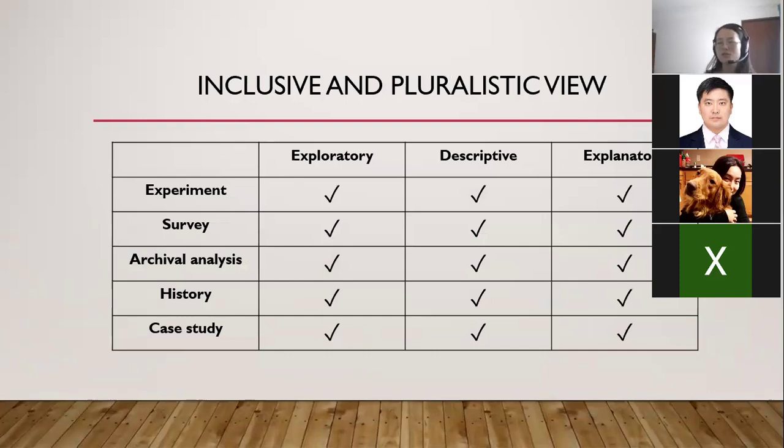As you can see from this table, different research methods usually serve different research purposes. A case study can be used for different reasons, right? I believe grounded theory, in this case, serves very well for exploratory research.